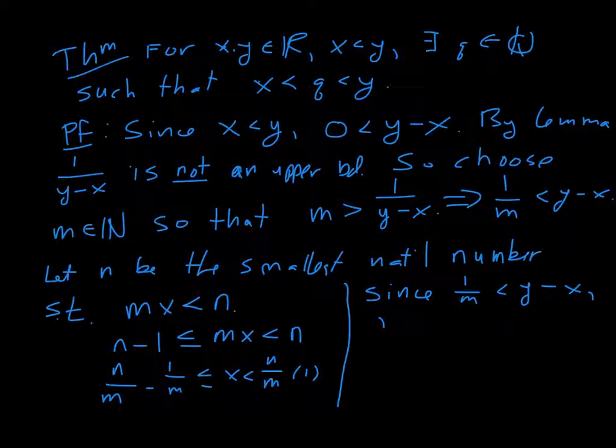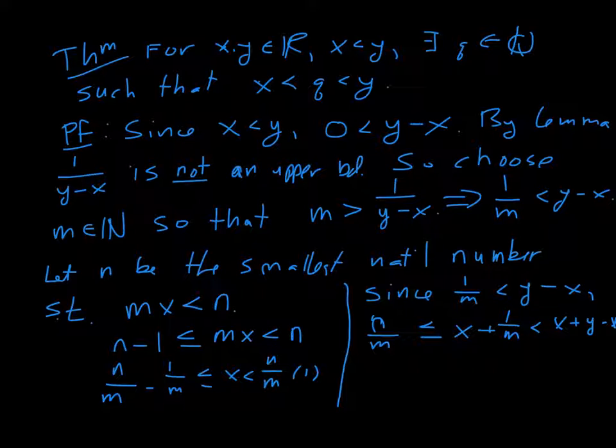So n over m is going to be less than or equal to x plus 1 over m, which is going to be less than x plus y minus x.